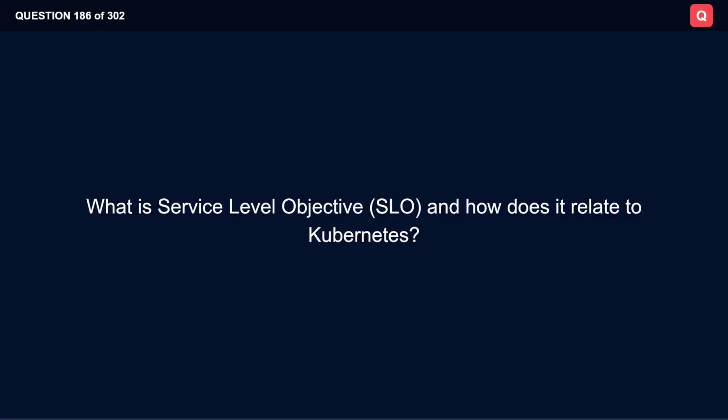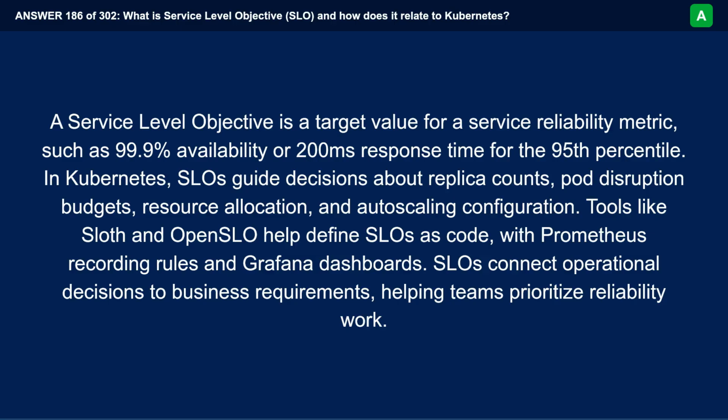What is a Service Level Objective, SLO, and how does it relate to Kubernetes? A service level objective is a target value for a service reliability metric, such as 99.9% availability or 200 ms response time for the 95th percentile.